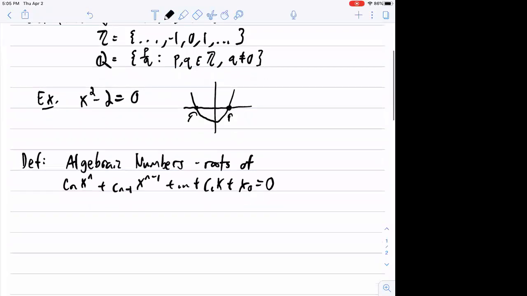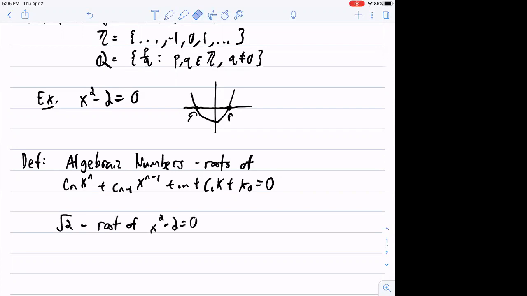For example, the root of the equation above is an algebraic number. We normally denote it by root 2, but this just means the root of x squared minus 2 equals 0.